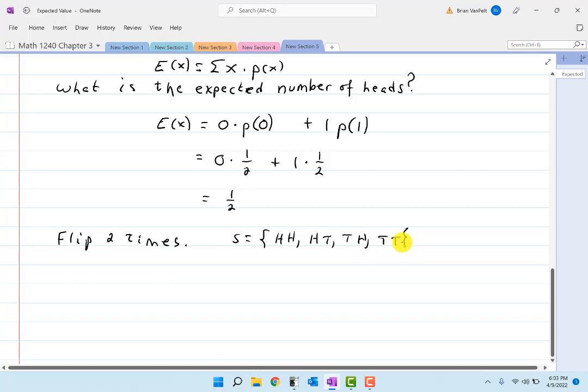So now, what I'm going to do here is x equals 0, x equals 1, x equals 1, x equals 2 for the number of heads. So what is the expected number of heads?